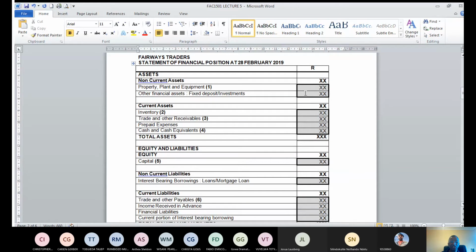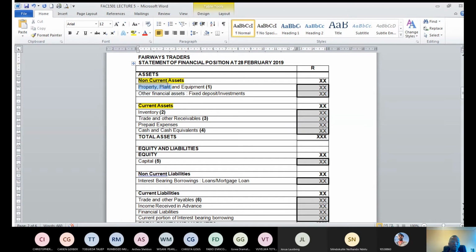The first focus is on your assets. Your assets consist of non-current assets and current assets. Those are the two categories of assets that we do have. Under your non-current assets, there are two categories: property, plant and equipment, and other financial assets.